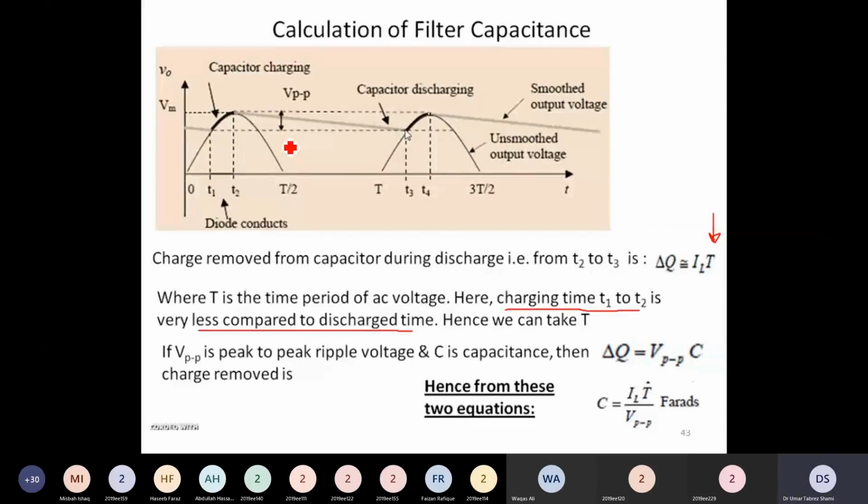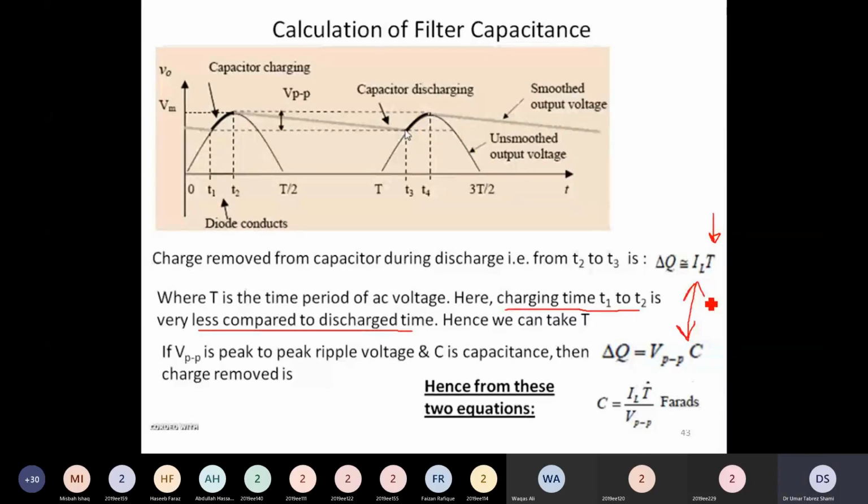And if VPP is the peak-to-peak ripple voltage and C is the capacitance, then delta Q is equal to C into V peak-to-peak. This is our traditional formula that Q is equal to C into V. If we equate these two formulas, we get the capacitance value.